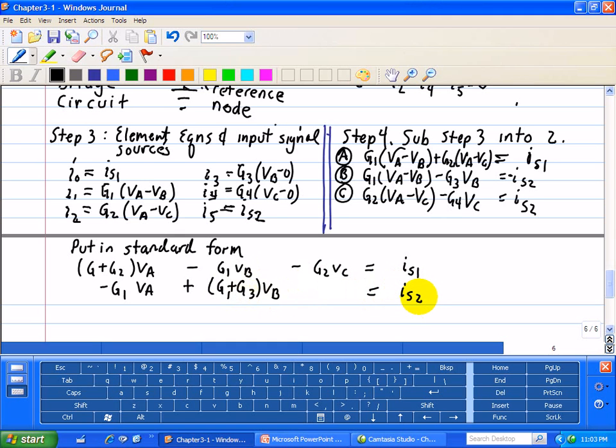And then finally, we can put a 0 here, plus 0 VC, just to show that we can put it in matrix form.